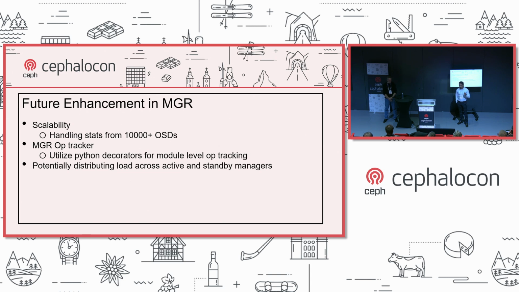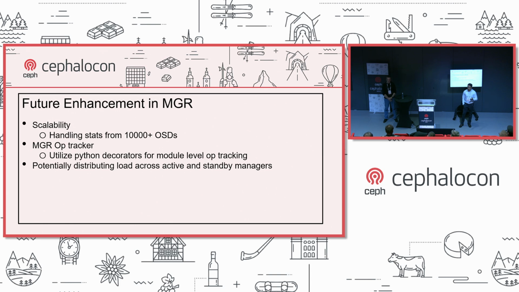If you consider an example with 10,000 OSDs, or more than 10,000 OSDs, and that single daemon has to handle collecting and aggregating the stats and maintaining the PG stats shown in the Ceph status, that could be a problem.